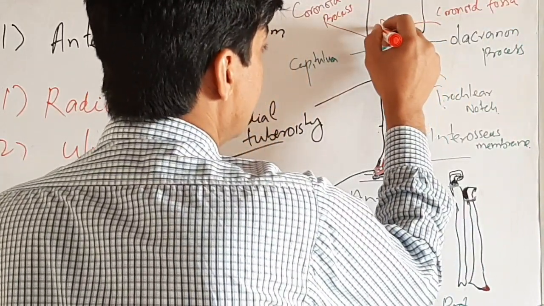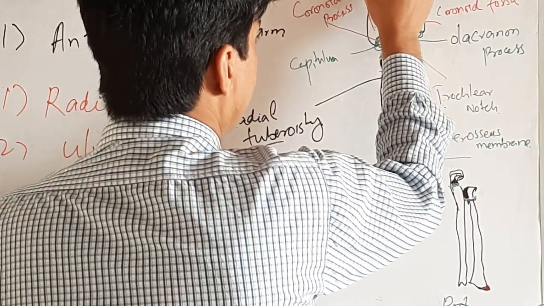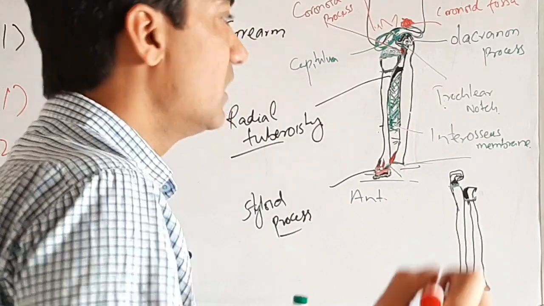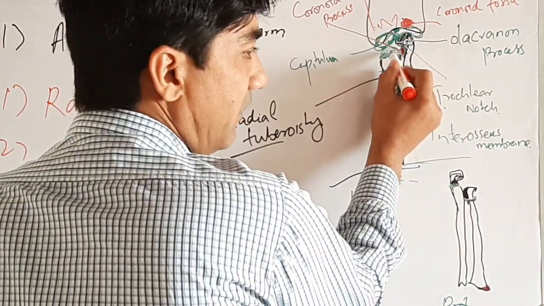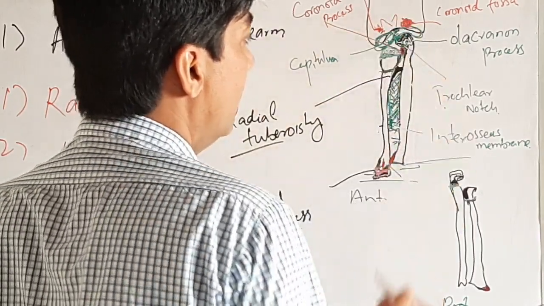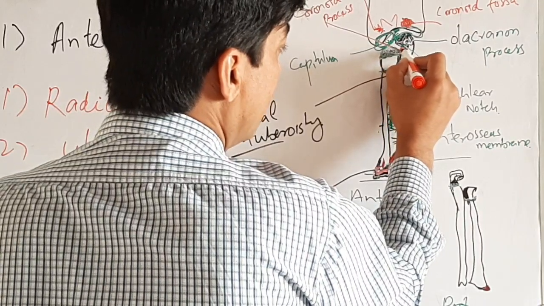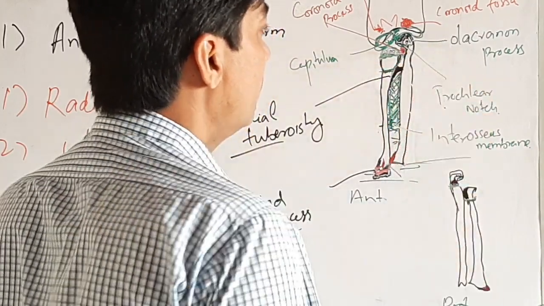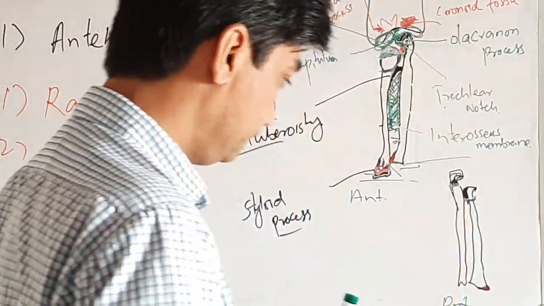And here was the radial fossa. While flexing our arm, the radial head of radius is fixed over here, the radial fossa, and the coronoid process of ulna is fixed at the coronoid fossa.